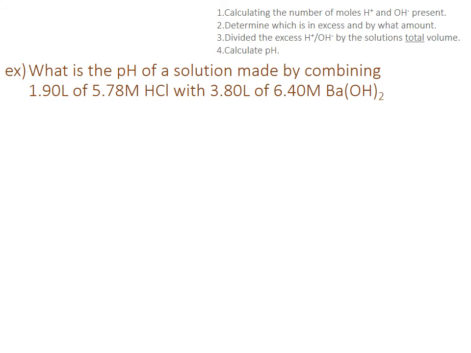For the example, what is the pH of a solution made by combining 1.90 liters of 5.78 molar hydrochloric acid with 3.80 liters of 6.40 molar barium hydroxide? So we start by calculating the number of moles of H+ and OH- present. Moles of acid equal NaMaLa. Moles of base will equal NbMbLb.